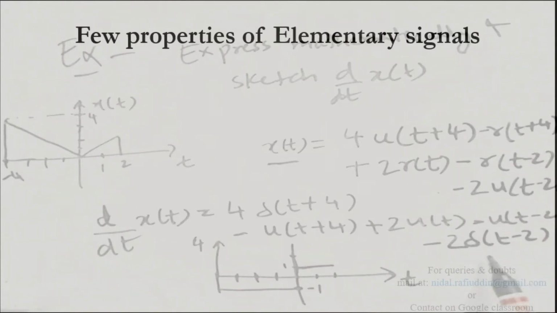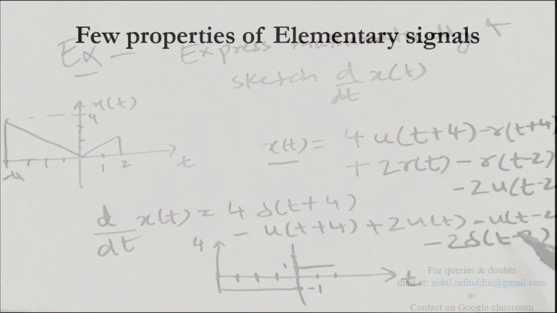This is not a continuous representation of magnitude, it's simply an impulse, so we should not be calling it a start. It exists at t equal to 2 and has a magnitude of -2.